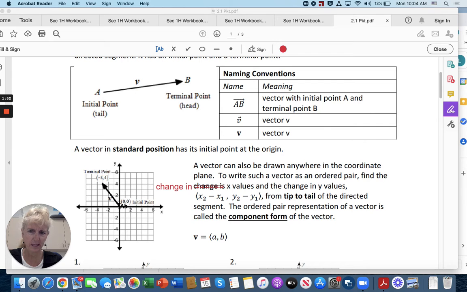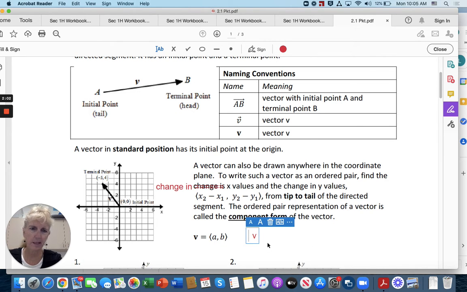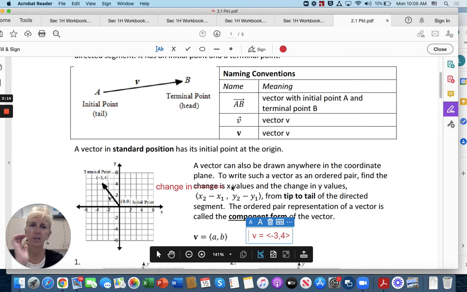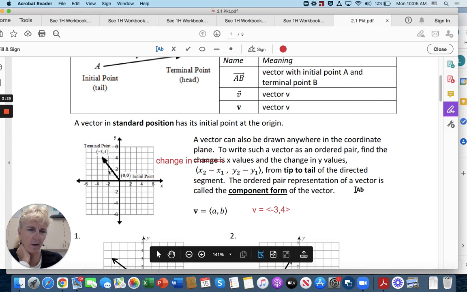So for this one we could say V, and I should probably make it bold, equals, and then it kind of looks like the less than sign, and we go -3, 4. Okay, so that's how you would write that vector, knowing that it starts at 0, 0 and goes up to -3, 4. So this ordered pair is called the component form of the vector.